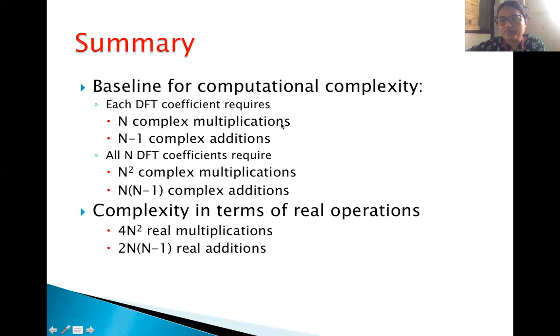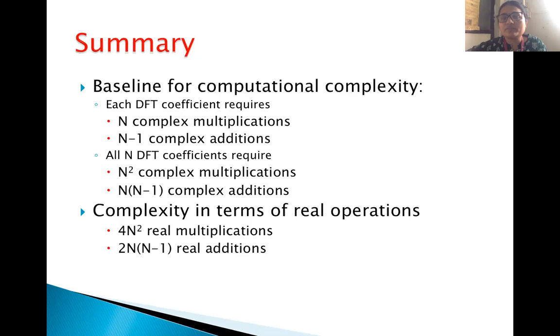required for 1 point DFT computation, and n-1 complex additions are required for calculation of 1 point DFT. There are n points because k varies from 0 to n-1, and small n is also varying from 0 to n-1.